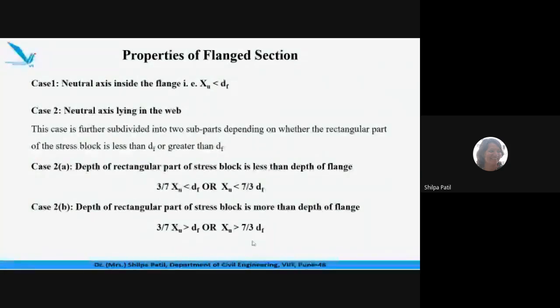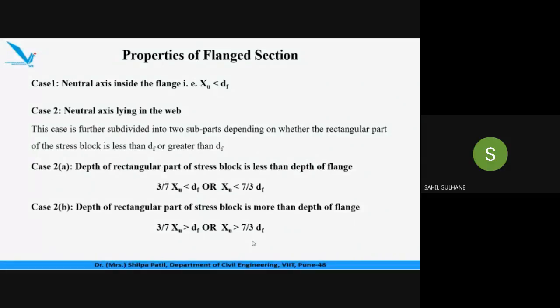See, as the neutral axis goes on changing, that is, as the depth of neutral axis goes on increasing, obviously the Mur value will go on increasing or decreasing. Just tell me. If Xu goes on increasing, what will happen with Mu? Whether it will increase or decrease?